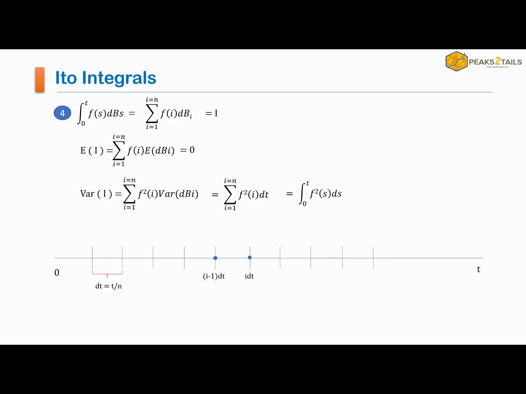So we get this as the integration of f squared s ds from 0 to t. Now all together, since we know that the output is a normal distribution and we have the mean and the variance, we can write that the integral is normally distributed with mean 0 and variance the integral from 0 to t of f squared s ds.